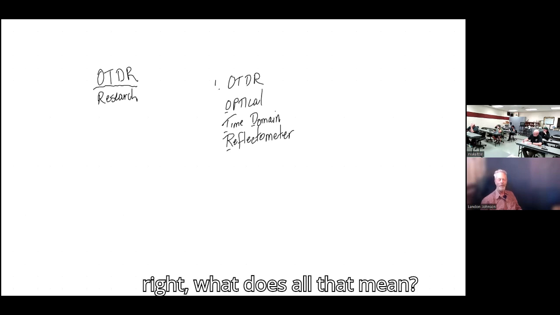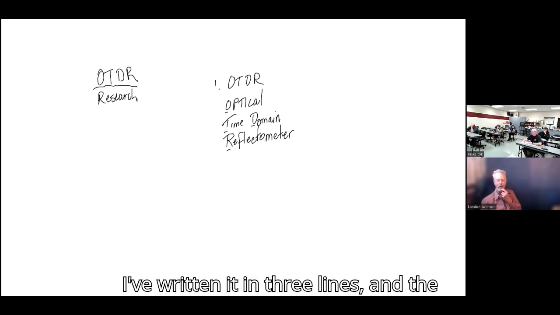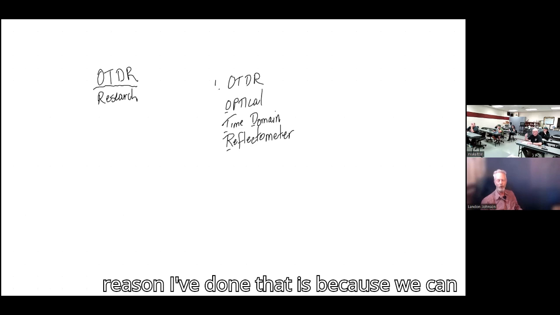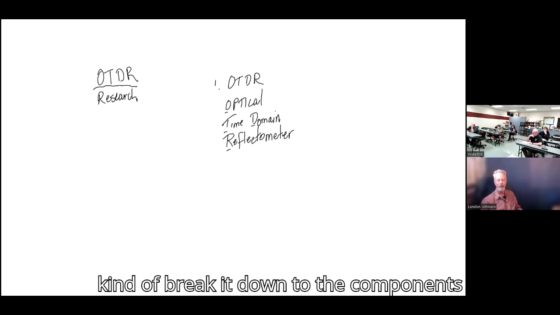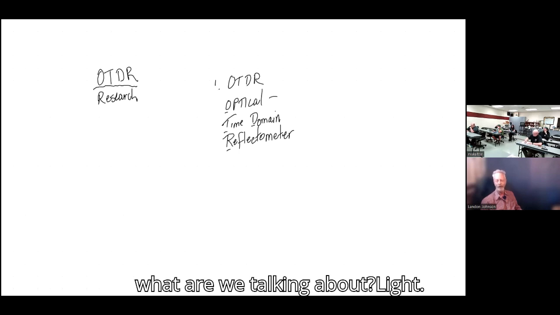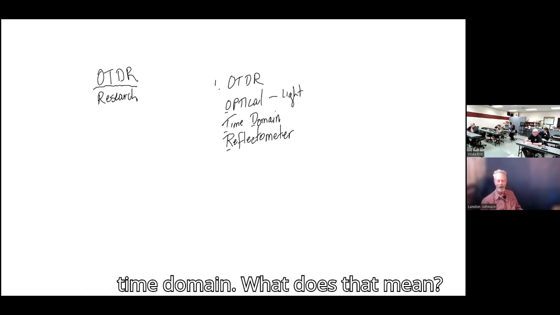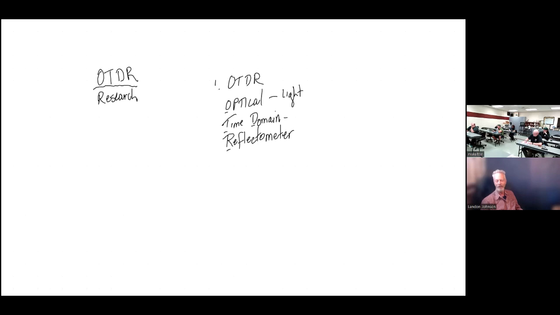All right, what does all that mean? I've written it in 3 lines, and the reason I've done that is because we can break it down to the components of its parts. When we talk about optical, what are we talking about? Light. Time domain, what does that mean?